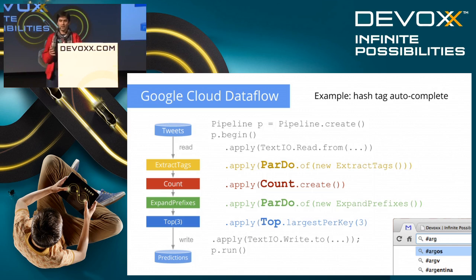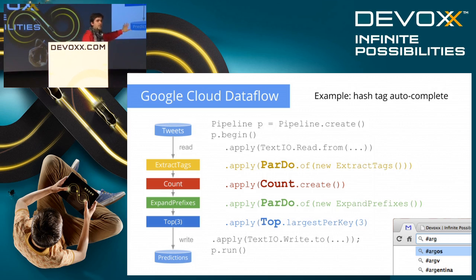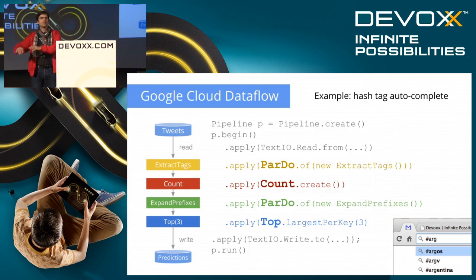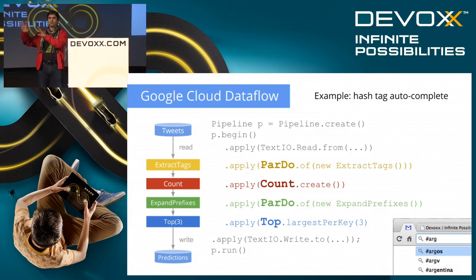So that's the promise here. The promise is that this is, as a data scientist, the code you are going to write. And from this, Dataflow can infer the actual execution graph, which is made of possibly several MapReduces combined in various ways, and it will also deploy that execution graph on actual machines and run it.